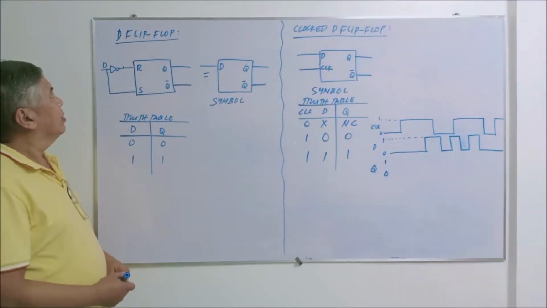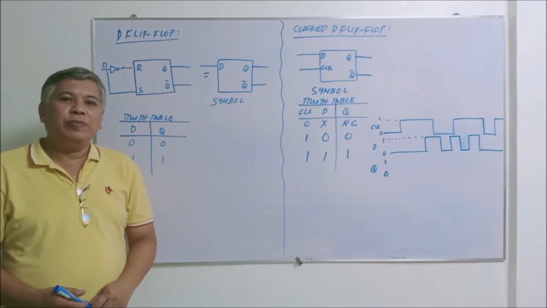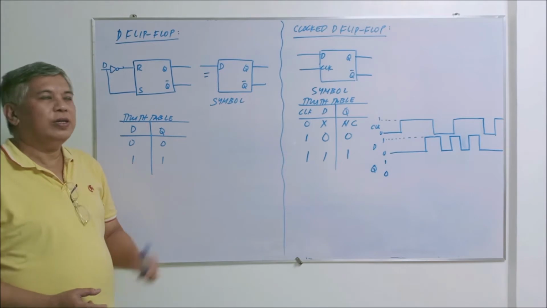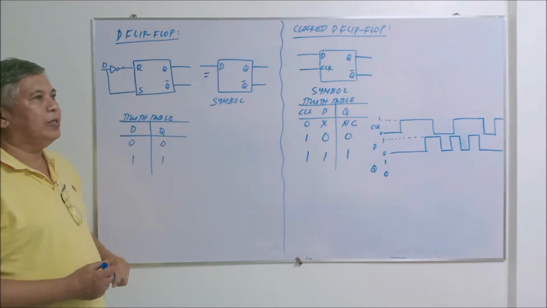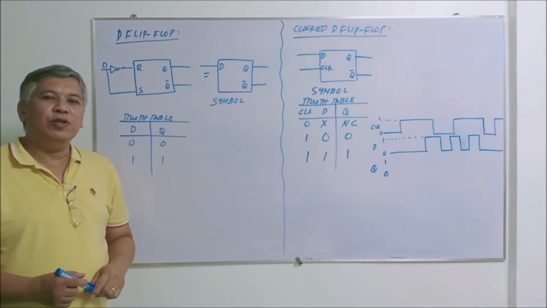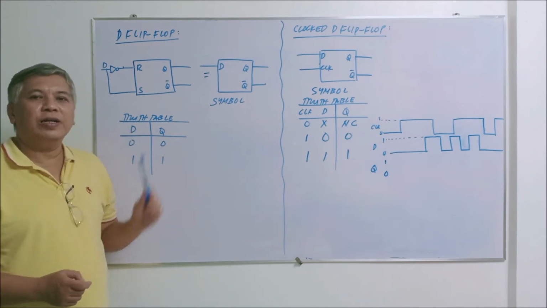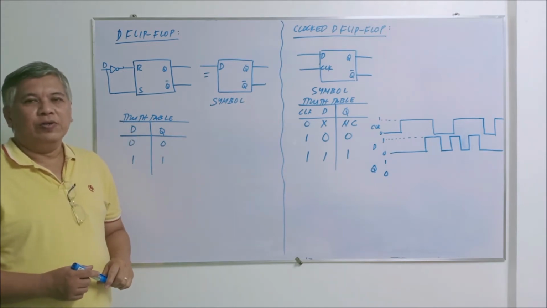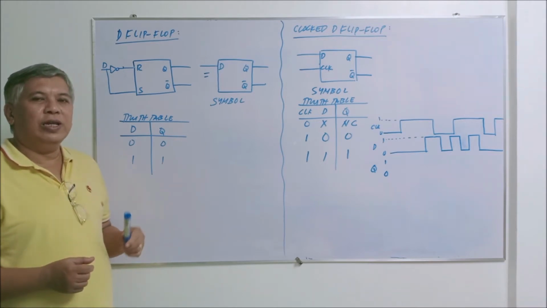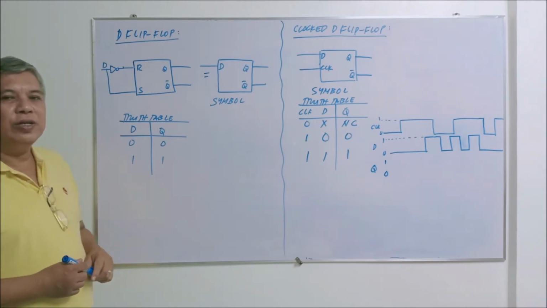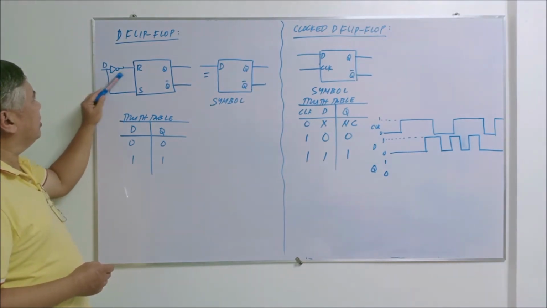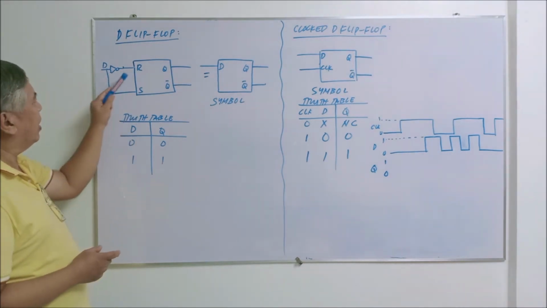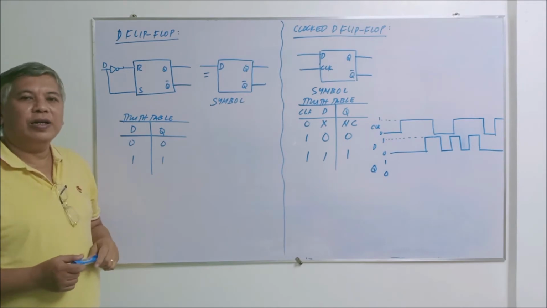Okay, so we go now to another type of flip-flop, and we call it the D flip-flop. The D flip-flop is actually the improved version of your RS flip-flop. The logic designer was able to eliminate the so-called race condition by placing an inverter in the input part, the R input of your RS flip-flop.